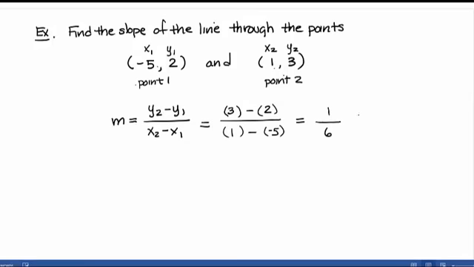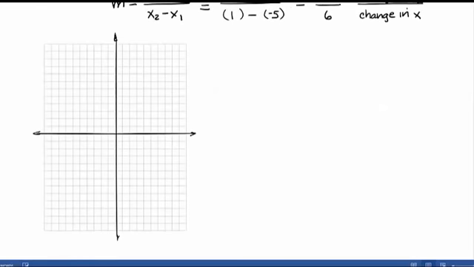Okay, so if you remember again, this 1 is my change in y, and the 6 is my change in x. Okay, so let's see what this actually means. What we were trying to do is find the slope of a line, right?